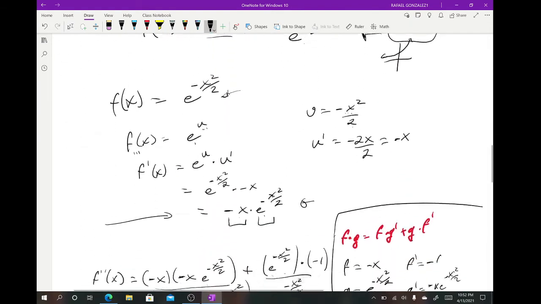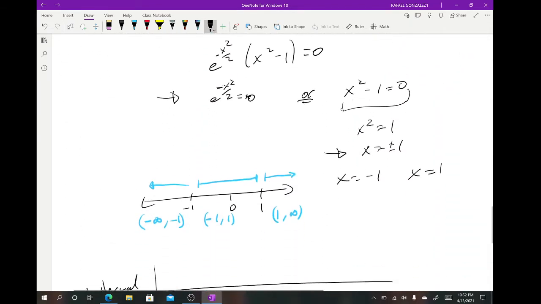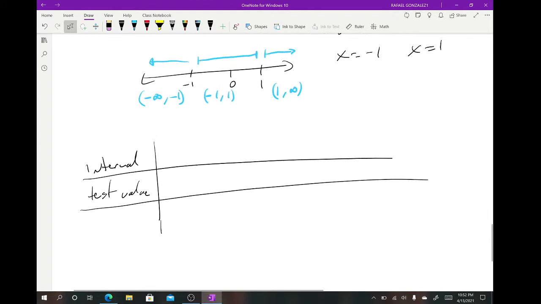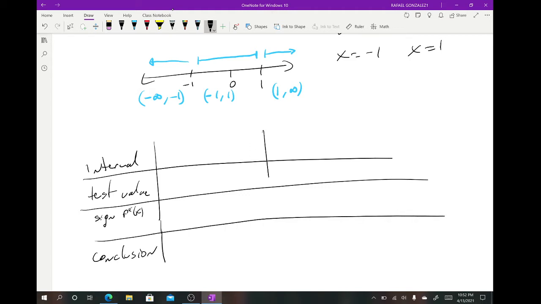And finally, we have to make a determination whether it's concave up or down. So you can make a table like this, with the three intervals, and let's see what happens.